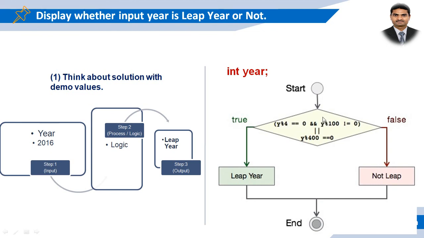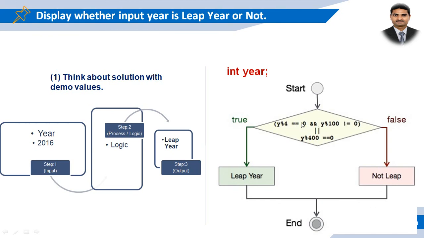Similarly, if the same year is not divisible by 100, then its remainder is other than 0, right? So if the number is divisible by 4 but not divisible by 100, and both conditions are satisfied, then it becomes true and the year is a leap year.